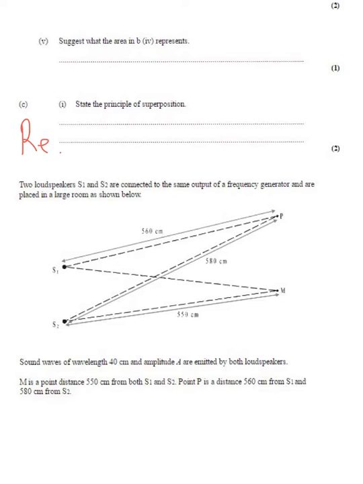Let's have a look at an interference question itself. We have 2 loudspeakers, S1 and S2, connected to the same output frequency generator placed in a room as shown below. Sound waves of wavelength 40 centimeters, so that's your wavelength, and amplitude A are emitted by both loudspeakers.